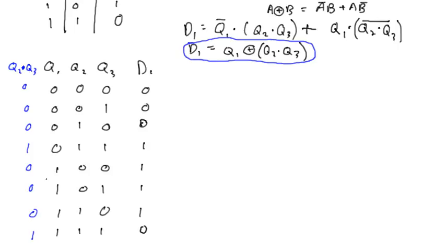Different 1, different 1, different 1, different 1, same 0. So that's perfect. That checks out. D1 really is the exclusive OR of Q1 and the quantity Q2 and Q3.